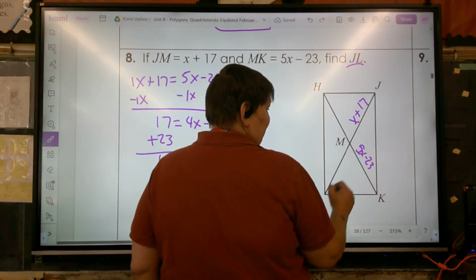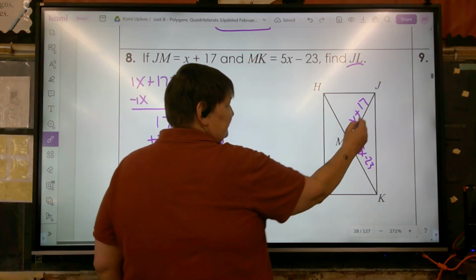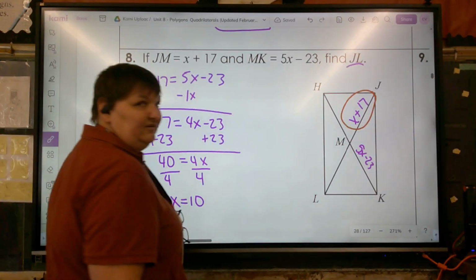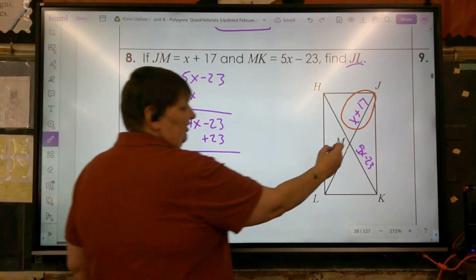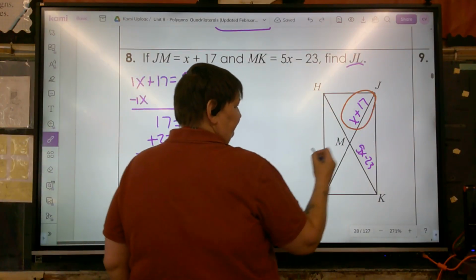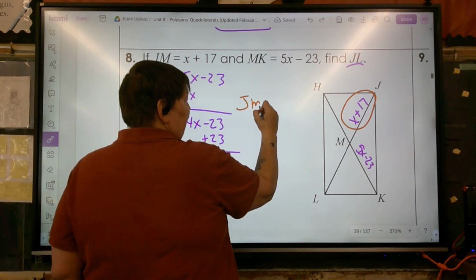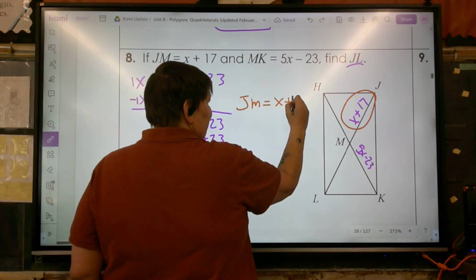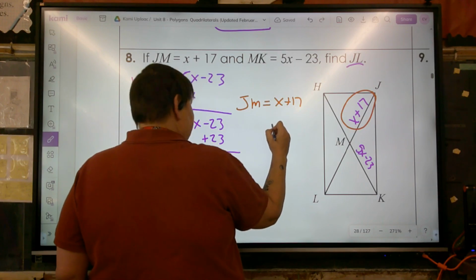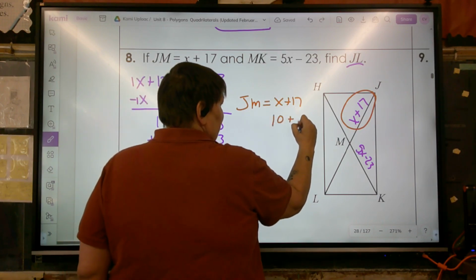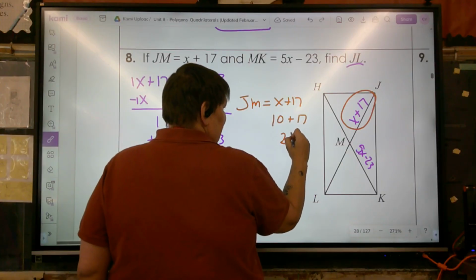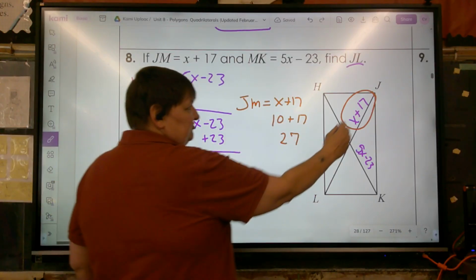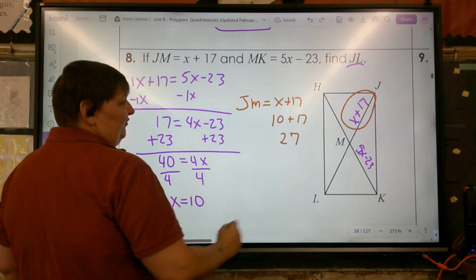JL is double. So first you need to solve for JM. JM is x plus 17. x is 10. That's 27. But we don't just want JM, we want JL.